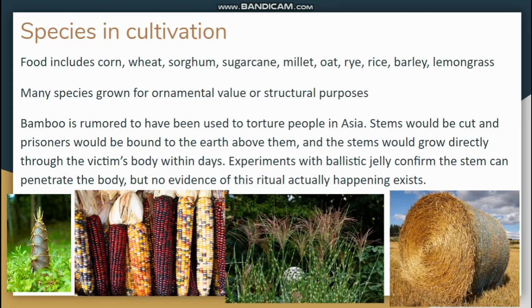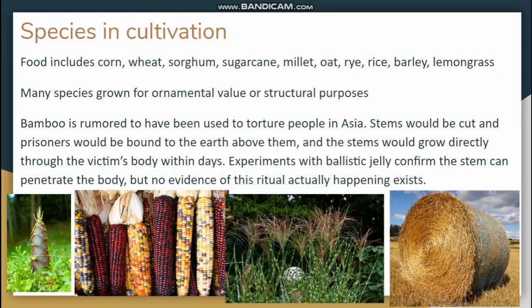There was a rumor that bamboo was used for torture and execution in Asia, I think up until the First World War, wherein you would have a freshly cut stem, and somebody who you were torturing would be basically bound to the ground, maybe having some tough staples put around them. They were attached to the ground, and the bamboo stems grew so quickly and were so strong they could pierce the person's body cavity, and that would apparently cause a prolonged, excruciating death.